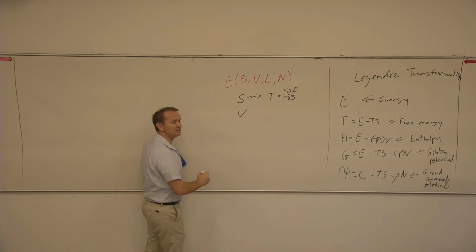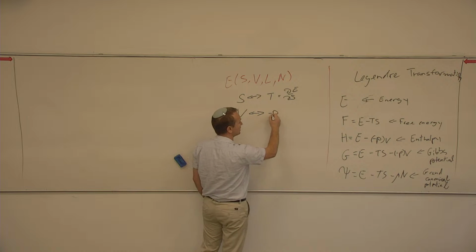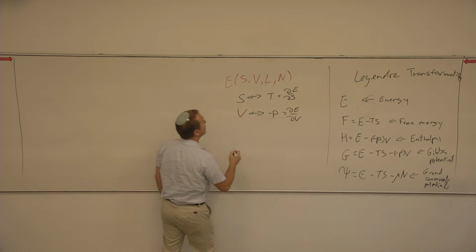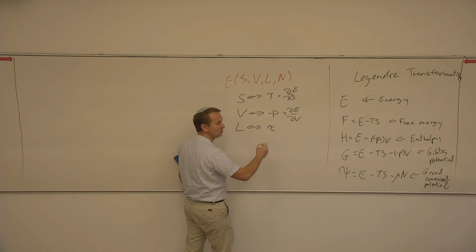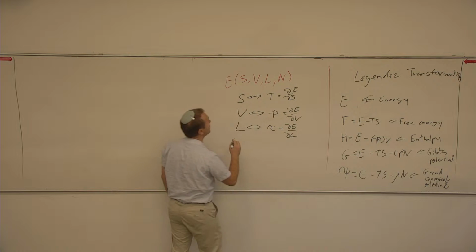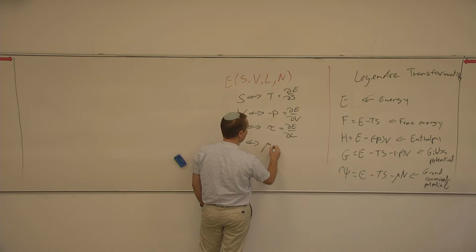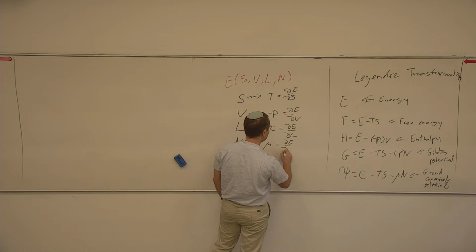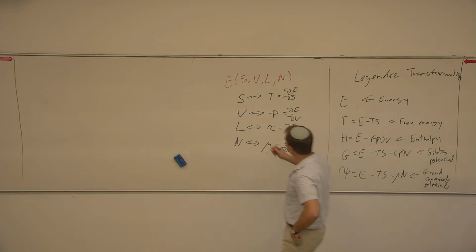Volume is associated with, in our case, minus pressure, which is dE/dV. Length is associated with tension, which is dE/dL, and number of particles is associated with chemical potential, which is dE/dN.